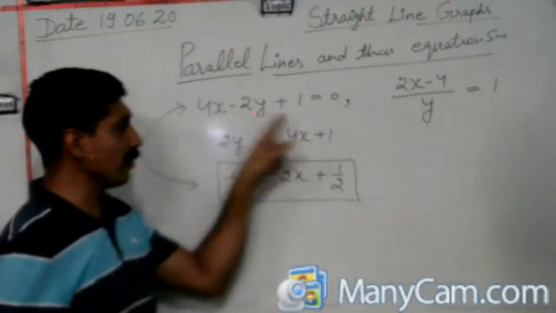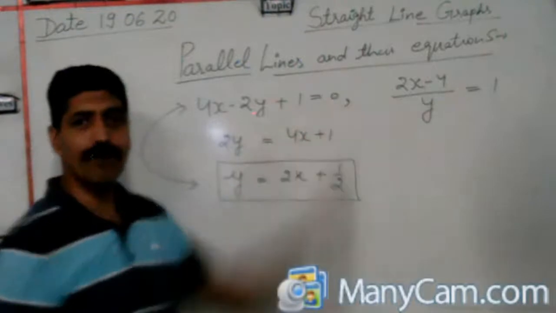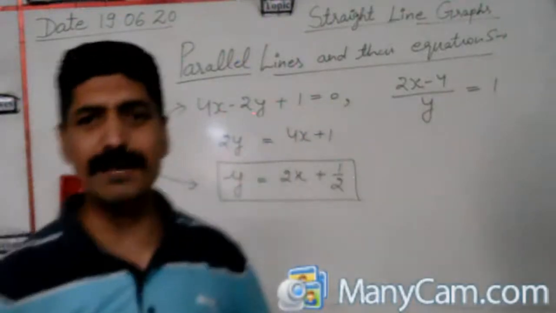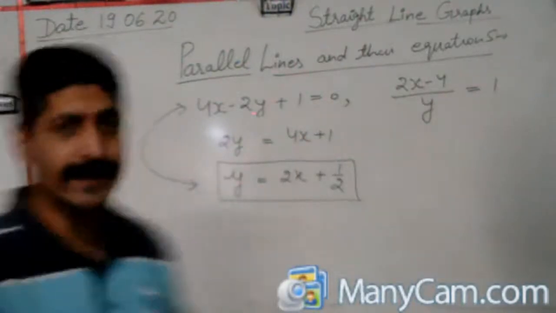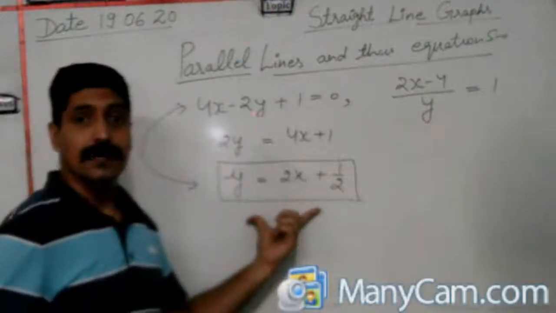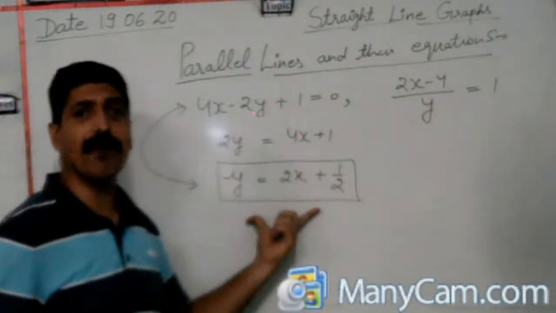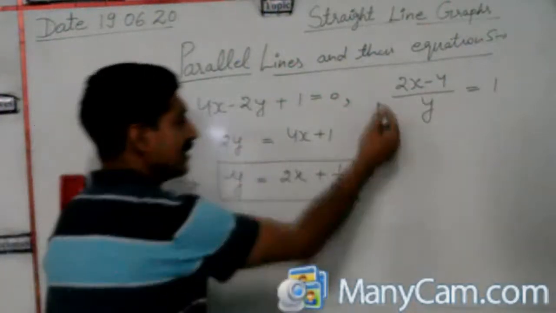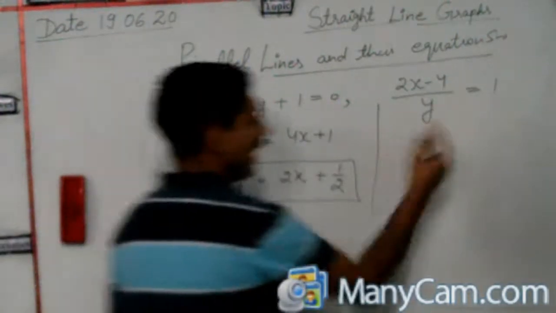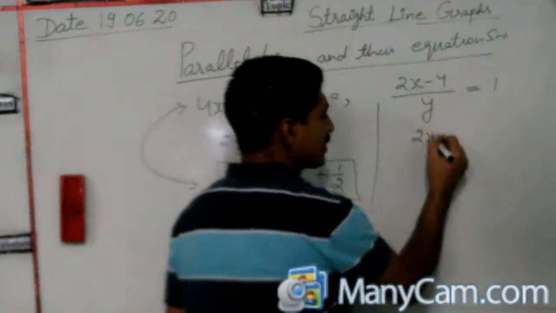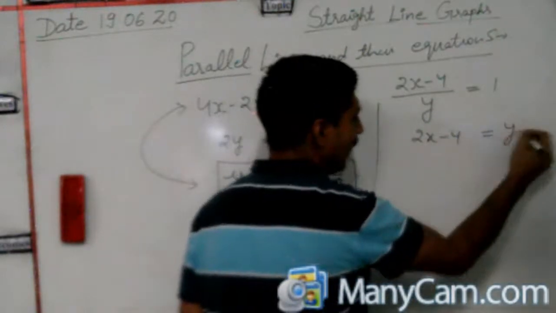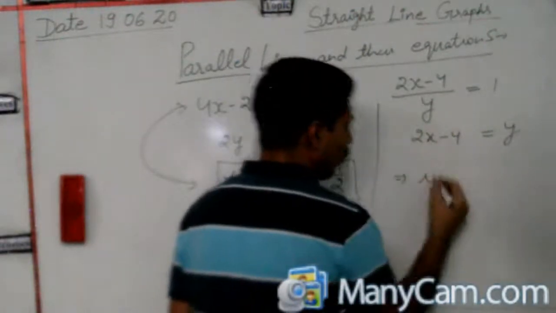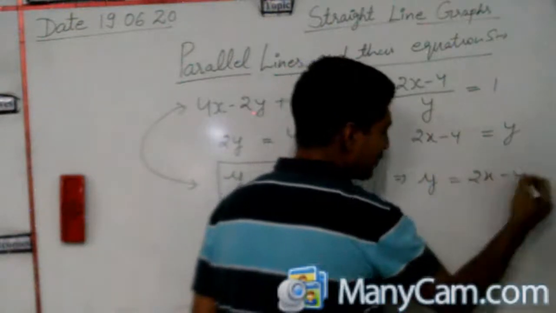4x minus 2y plus 1 is of the form ax plus by plus c is equal to 0, and this is the gradient-intercept form or slope-intercept form, whereas in this equation we have 2x minus 4 is equal to y, or y is equal to 2x minus 4.